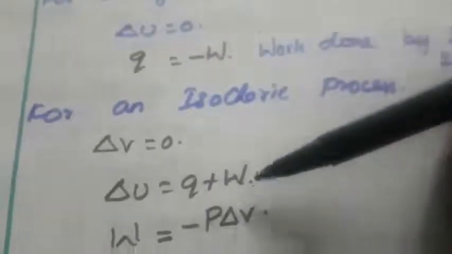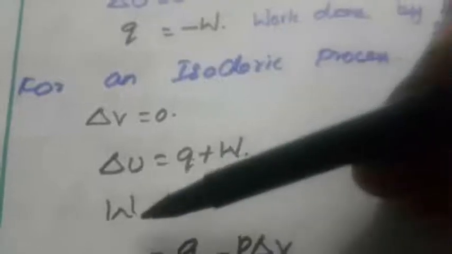Next one is the isochoric process. What is an isochoric process? Isochoric means volume is constant, so delta V is equal to 0. Delta U is equal to Q plus W, that is the heat absorbed and the work done.